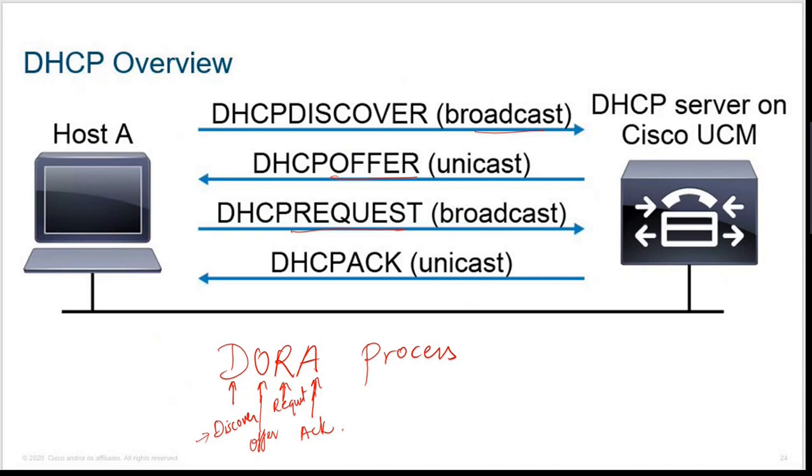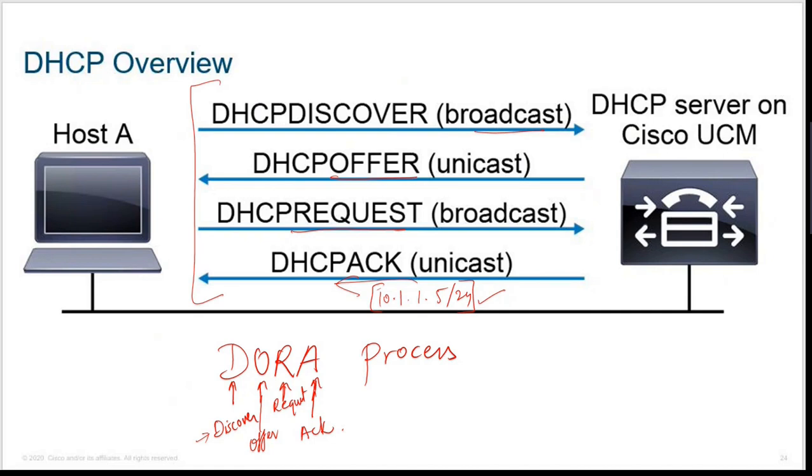Then the DHCP server replies back with an acknowledgement saying, okay, I'm providing you this IP address, for example, 10.1.1.5/24. This was my first available IP from the pool, and this is what I'm assigning to you, and it makes sure that it is reserved for this client so that it does not assign it again to any other client.